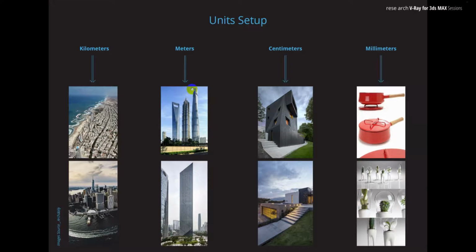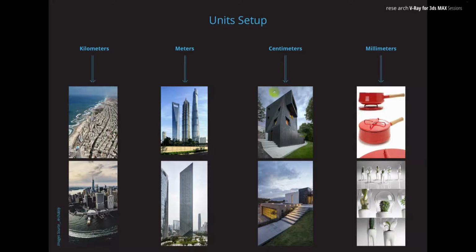So this is why it's good to use meters in here. As we go to smaller details and a bigger focus on your building, it's good to also use smaller units, because you don't need those huge numbers of units anymore. So this is why you can afford to use better detail.